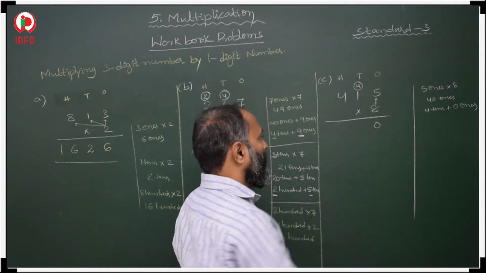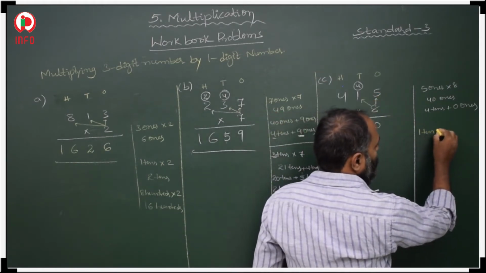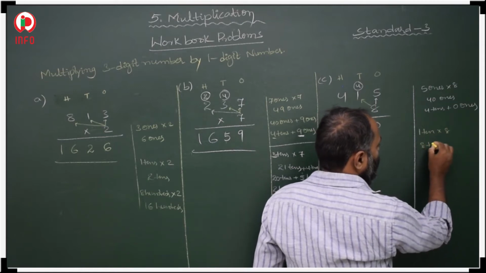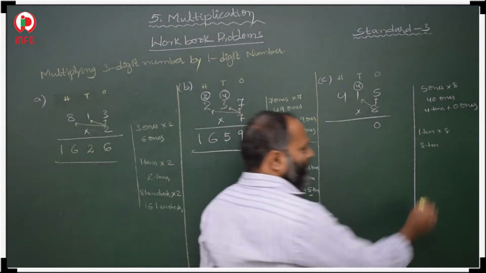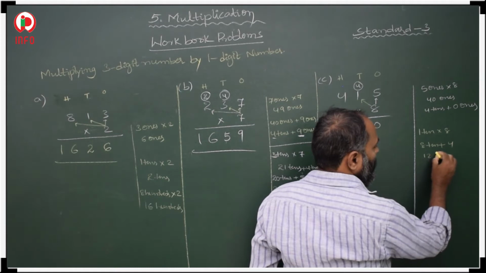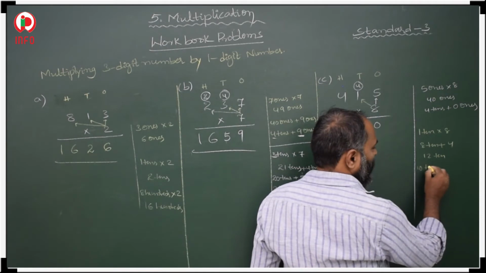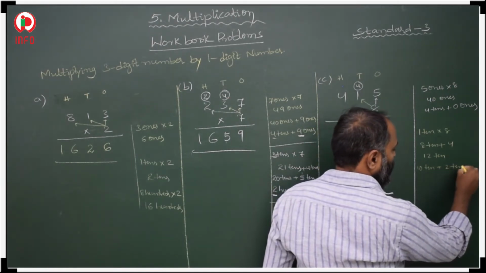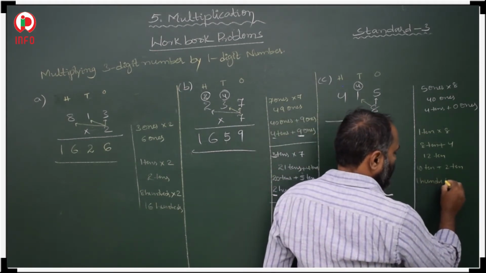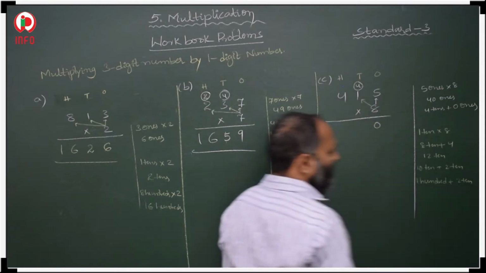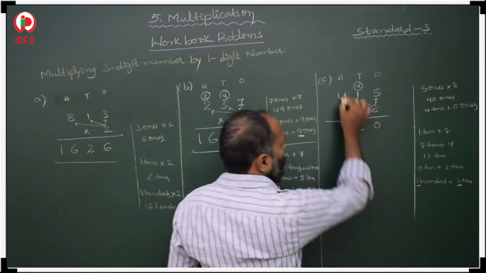Then after that, 8 with 1 ten, 8 tens, and 4 over here, that 4 we have to add. 8 plus 4, 12 tens. 12 tens means 10 tens plus 2 tens. 10 tens is 100. 100 plus 2 tens. So here in tens place 2 and in hundreds place 1 over here.